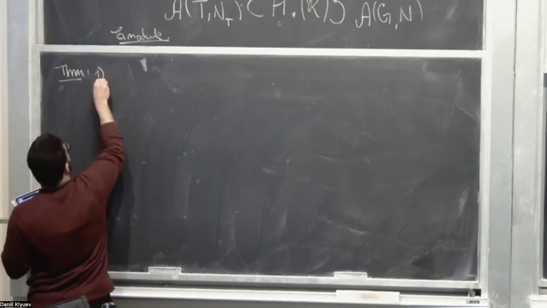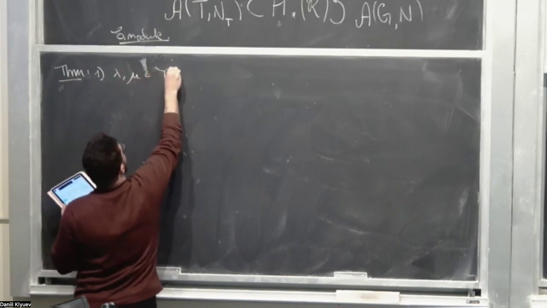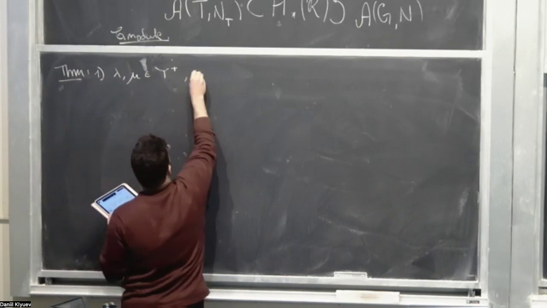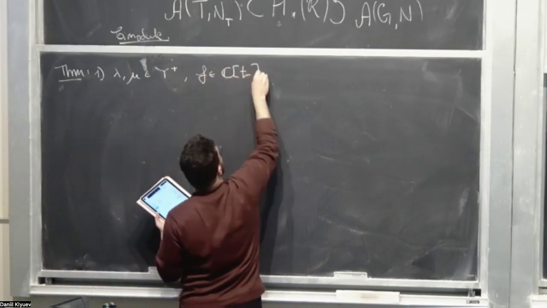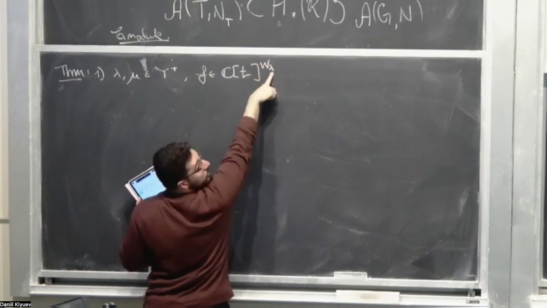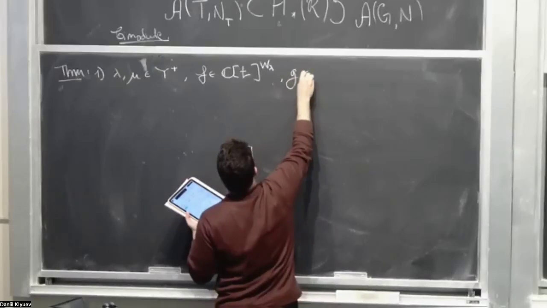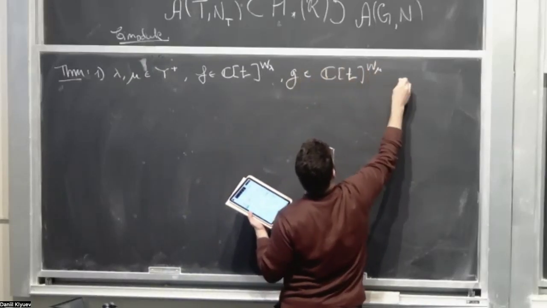So I wrote it as 2 parts. Part 1, I have 2 things in my class, and then I have coefficients like this. So this means it's invariant by the stabilizer of lambda and W, and then this one invariant by the stabilizer of mu.